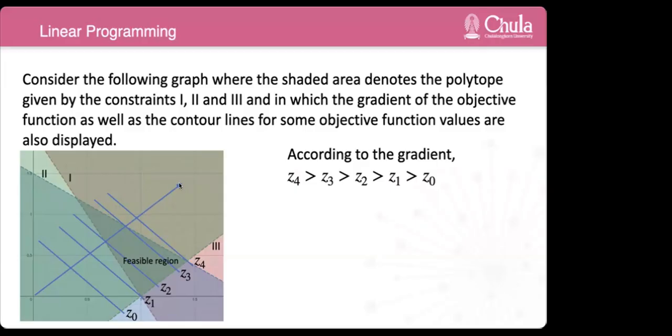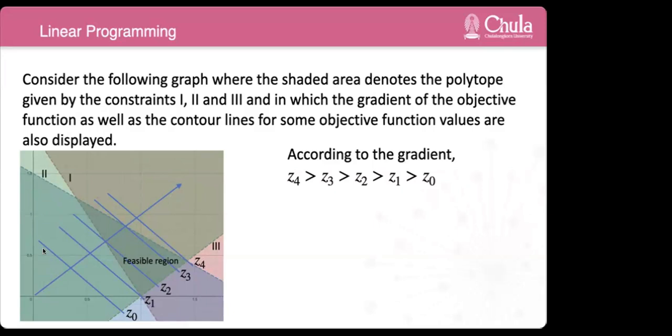Okay, you should go this way, but we must remain inside the feasible region. Remember that the line which is perpendicular to the gradient, we call it isoprofit, right?